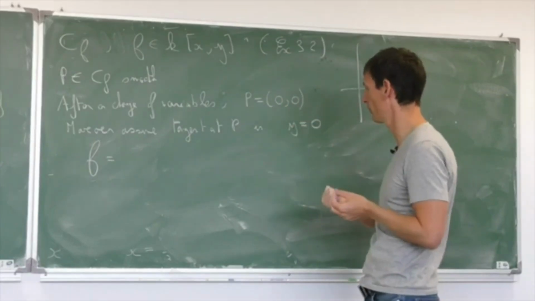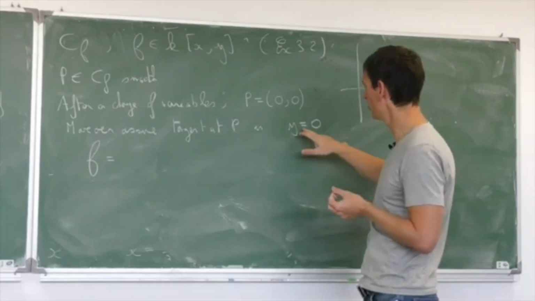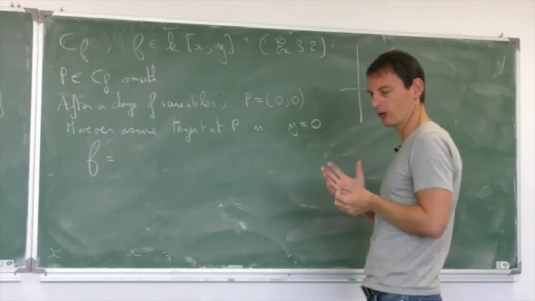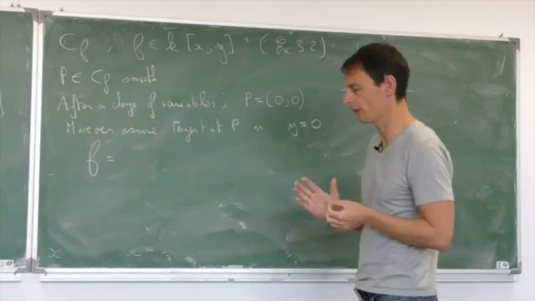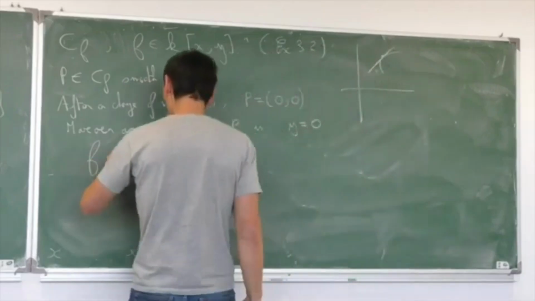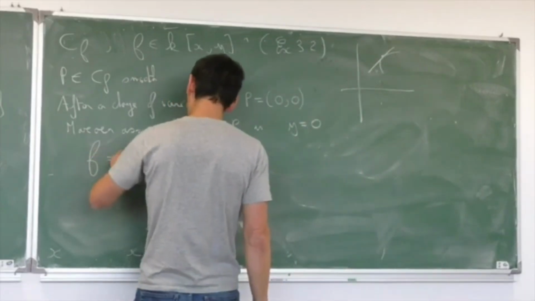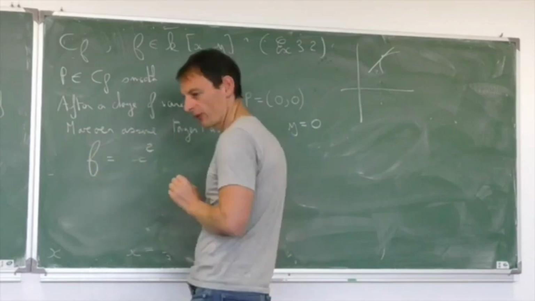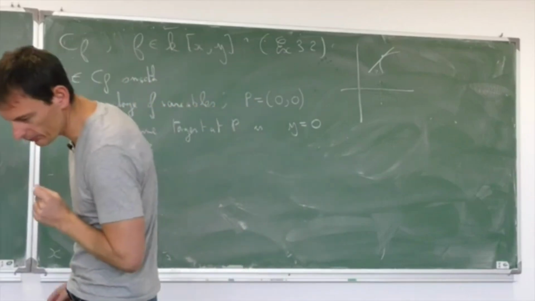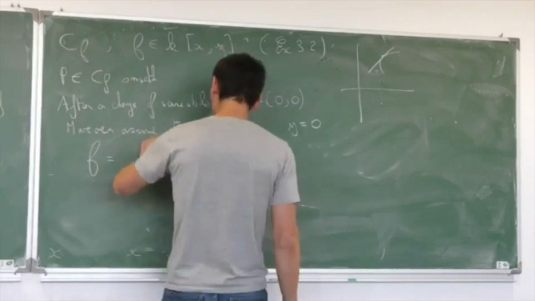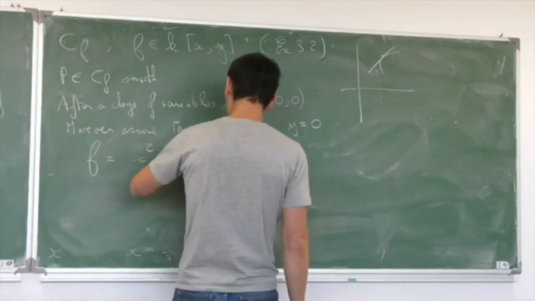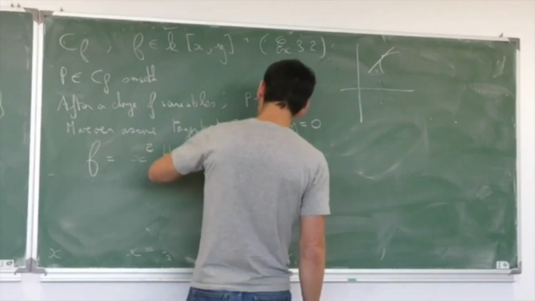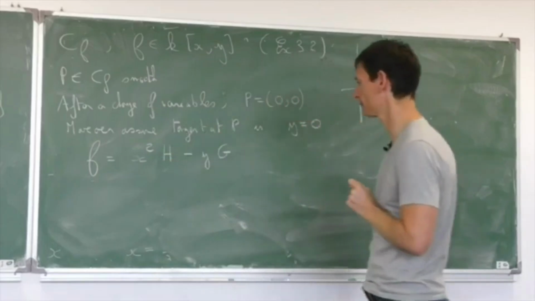But also because y equals 0 is the tangent, there is no x term. So I can always write my f as x squared times a polynomial h, minus y times a polynomial g.